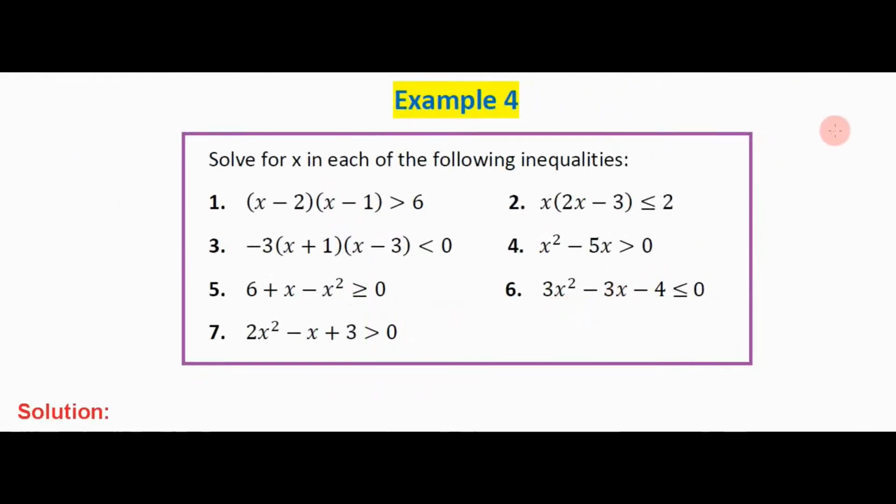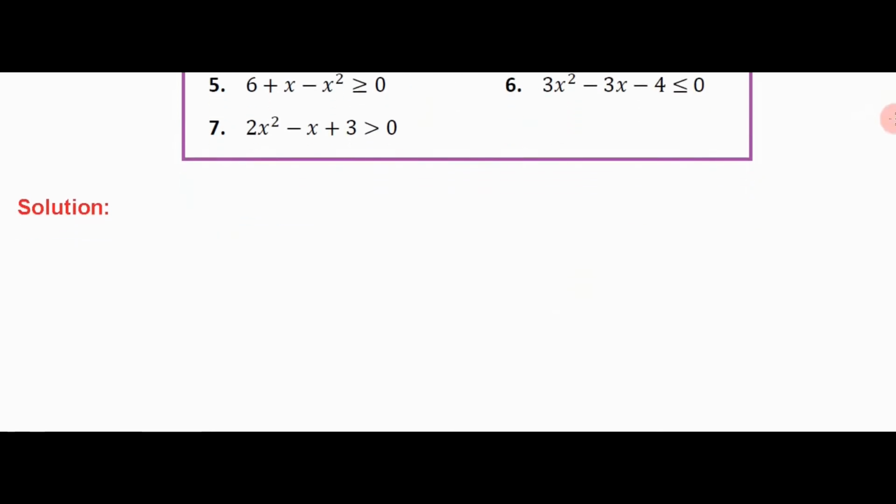Let's look at number 6. So here we have 3x squared minus 3x minus 4 is less than or equal to 0. We do have a 0 on the right-hand side, and we also have a trinomial on the left-hand side. The problem here is that we can't factorize the left-hand side.